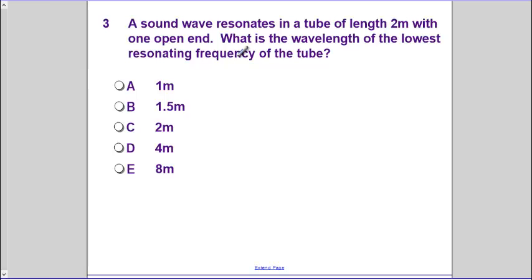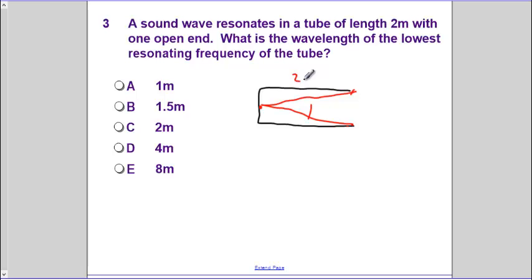A sound wave resonates in a tube of 2 meters length with one open end. What is the wavelength of the lowest frequency? If I draw that tube, you'll have a node here and an antinode there, so the waveform will look like that. How many wave quarters are there? 1/4 of a wave.